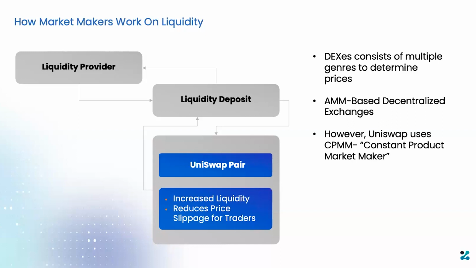And that is the reason why the whole concept of the liquidity pool came in. The idea of the pool was that there are liquidity providers who can put money into a pool. So there's a common pool where there are multiple tokens. And then somebody who wants to put in a buy order or sell order can use this pool to execute the order. So now it's not one-to-one matching between a buyer and seller.